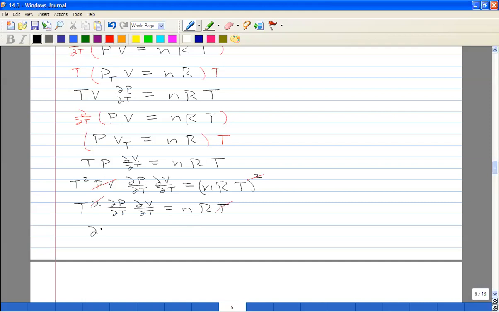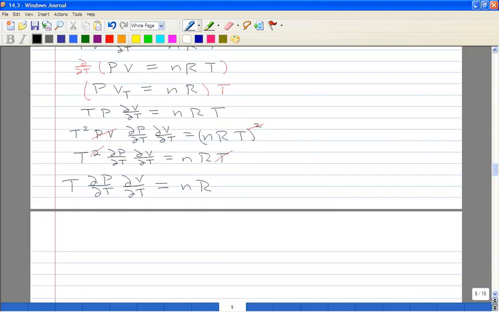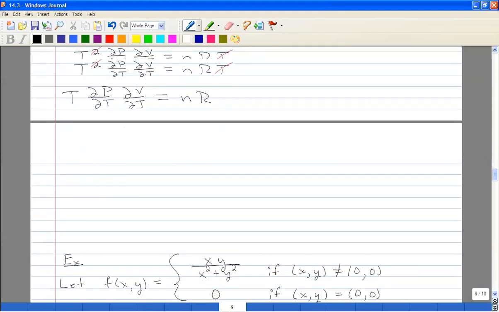So I have the partial of p with respect to t, partial v with respect to t is equal to nR. And that's what you wanted to show. Okay. So I'm done.